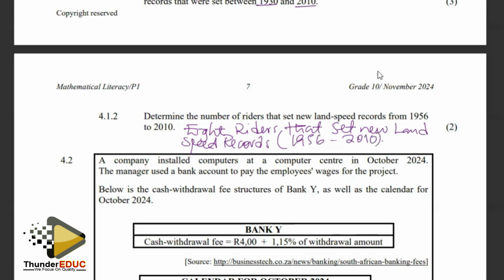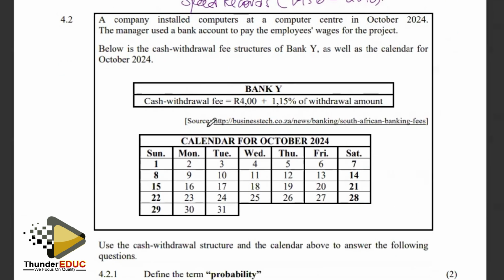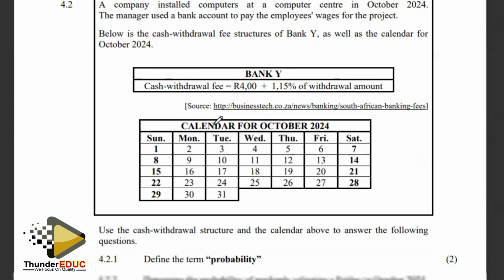All right, a company installed computers at a computer center in October 2024. The manager used the bank account to pay employees' wage for the project. Below is the cash withdrawal fee structure of Bank Y, as well as the calendar for October 2024.